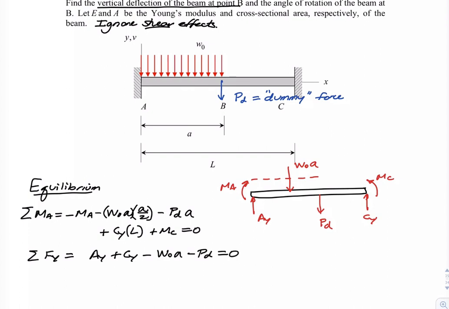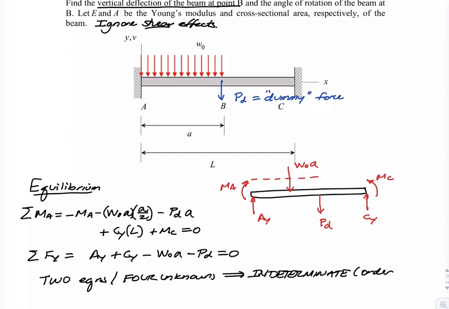So as I look at this, I am faced with the reality that we have only two equations, and unfortunately we have four unknowns. So not only is the problem indeterminate, but it's indeterminate of order 2.